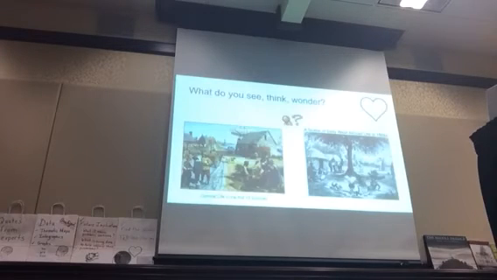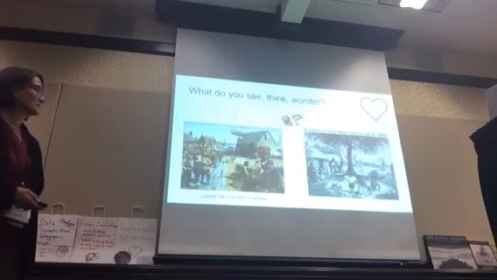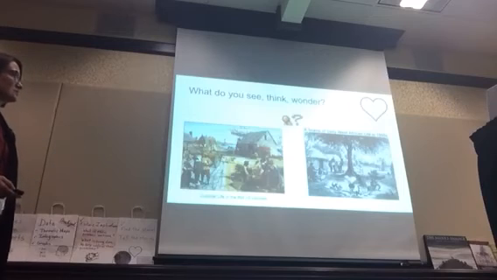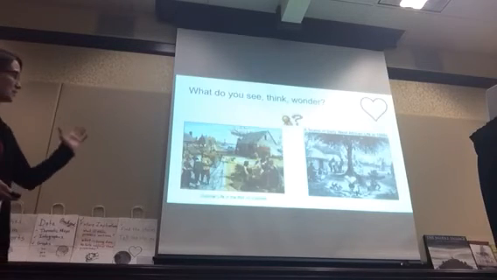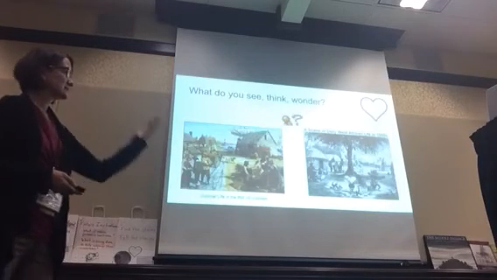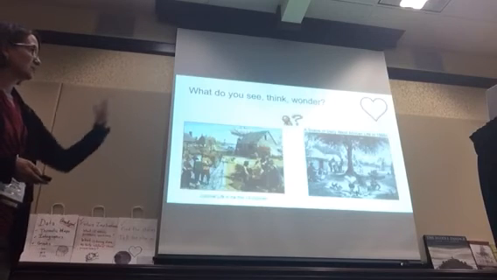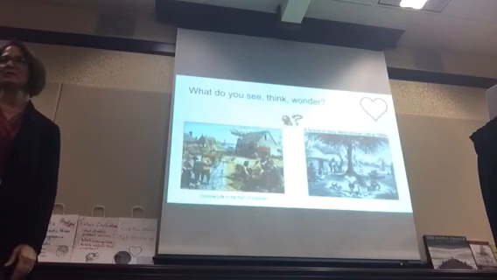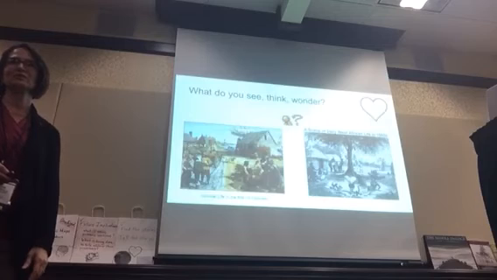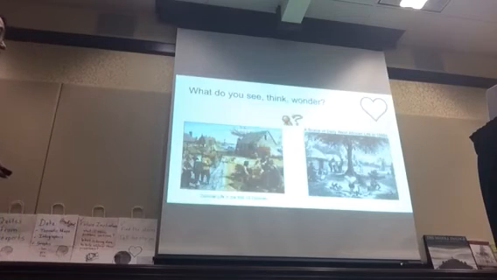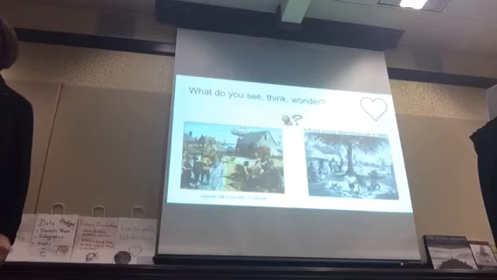And then we begin to make the connection that in both pictures there are mothers, fathers, grandparents, aunts and uncles, brothers and sisters. In both pictures, they begin to see that these people want the same things. They want food, shelter, clothing. They're willing to work very hard for it. They're actively engaged in providing for their families.